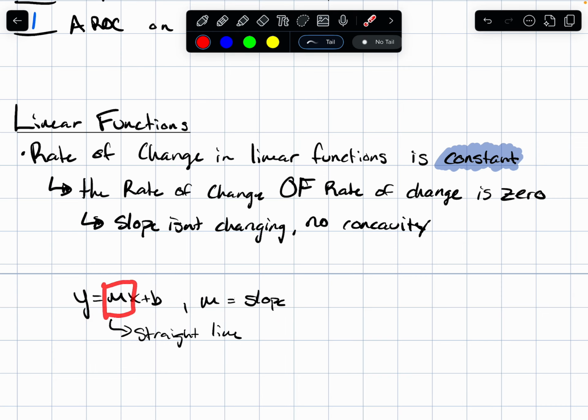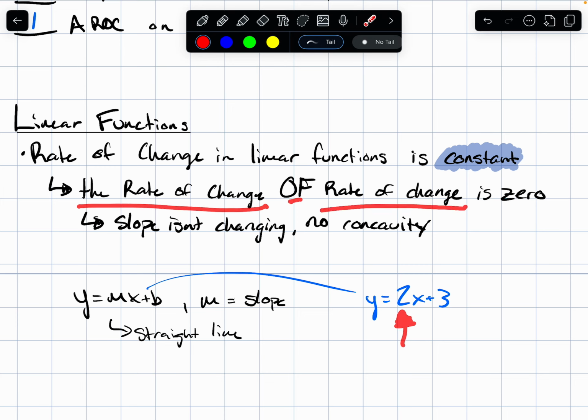This m value never changes. It stays constant. It's, for example, like y equals 2x plus 3. This is our rate of change at all times. It never changes. So if the rate of change never changes, it's always 2, then we could say the rate of change... Oh, excuse me, I misspoke.